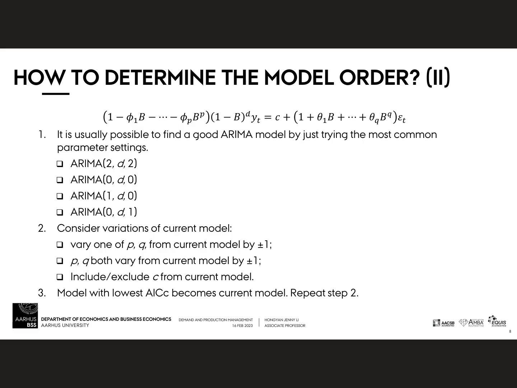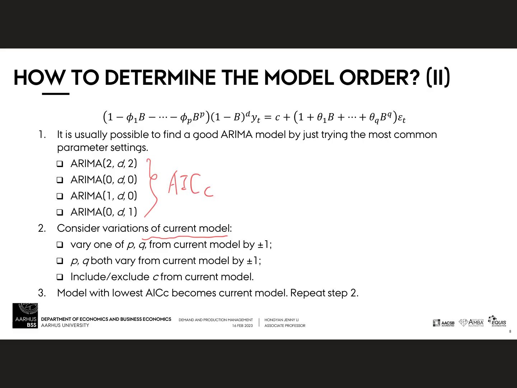Then we continue talking about how to decide model orders. The general idea is to start with a small number of p values. For example, here we have some quick examples you can start with. You try all these models, and then you choose the best model, and the best model will be your current model. This is evaluated by corrected AIC values.